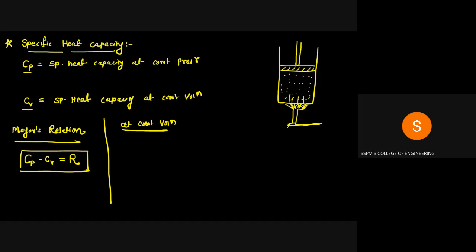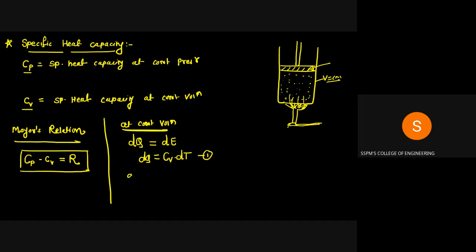If the volume is constant, we are not moving the piston, then the heat added will only be utilized to increase the internal energy. So at constant volume, the amount of heat supplied, dq, is only used to increase the internal energy, so it becomes dE. We can write this as Cv, the heat capacity at constant volume, into the change in temperature, so Cv into dT.